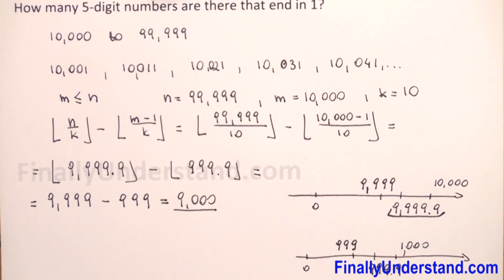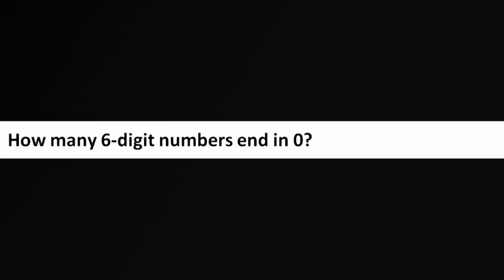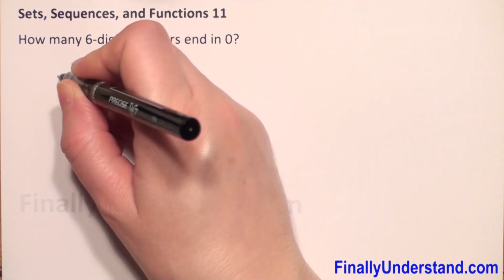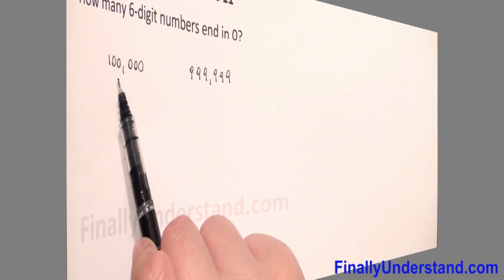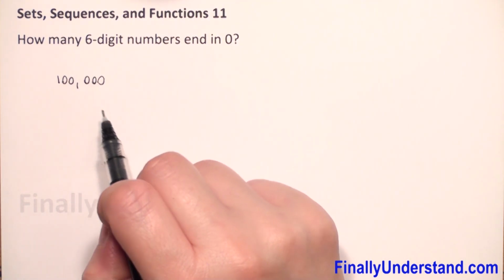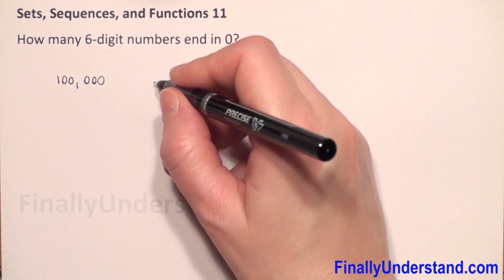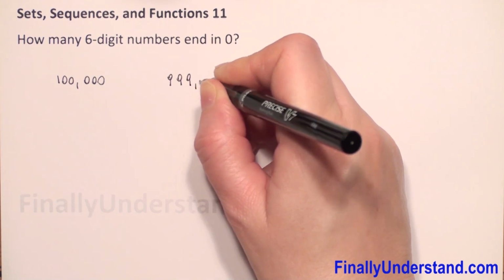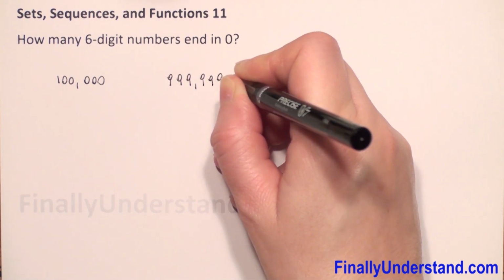This is my solution. We have to find how many 6-digit numbers end in 0. So let me remind you, the first 6-digit number is 100,000 and the last 6-digit number will be 999,999.